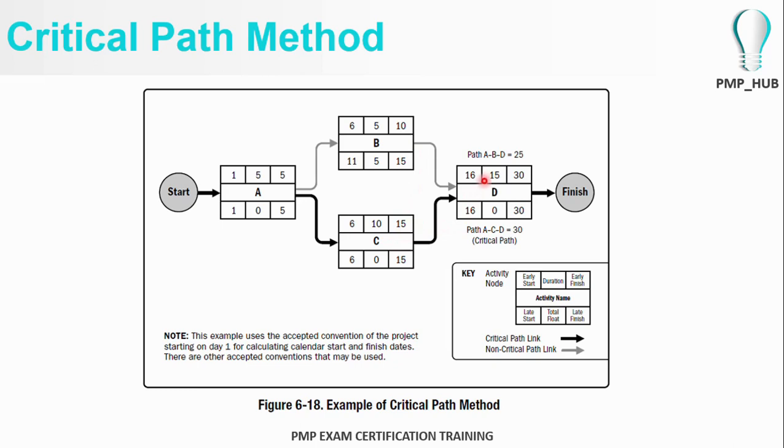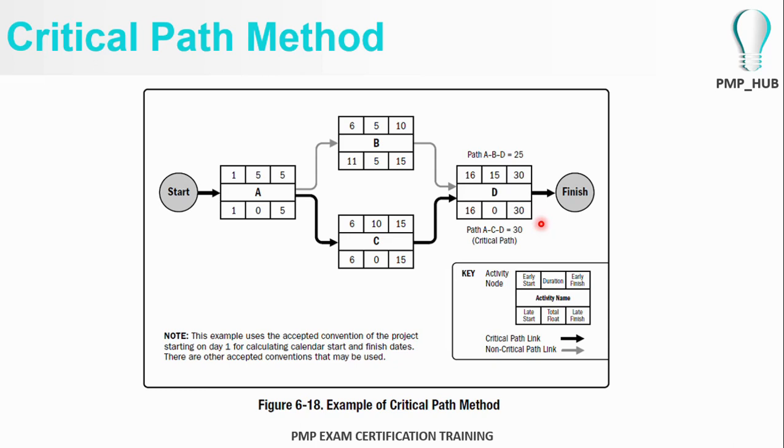But the earliest start date for activity D is day 16 and not day 10, because D needs the output of C and has to wait until C finishes. Activity D has a duration of 15 days and will end on the 30th day. So this is the calculation method for the earliest start date and the earliest finish date.